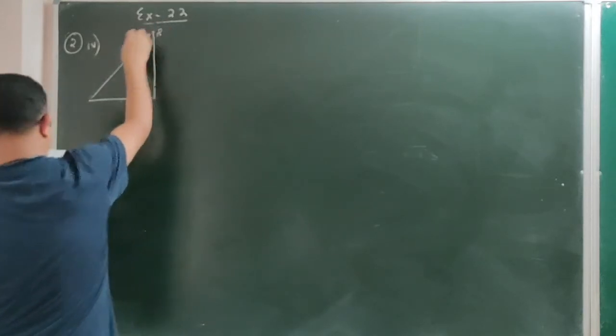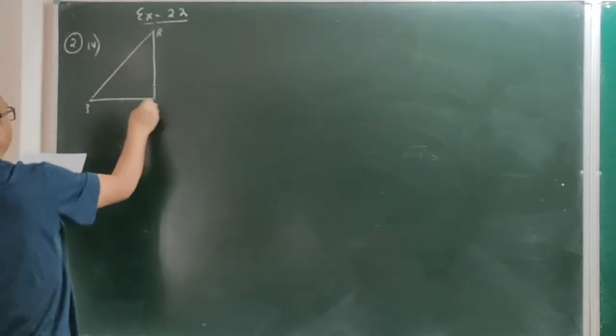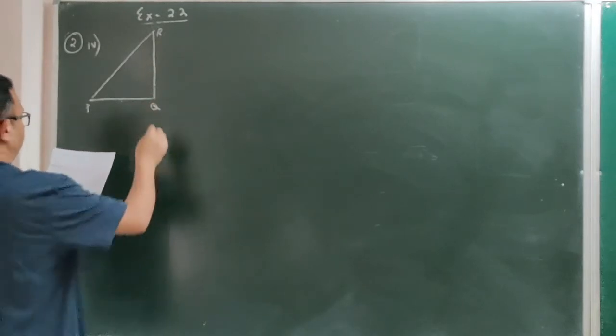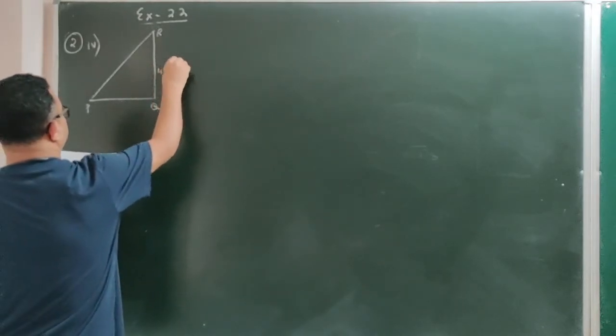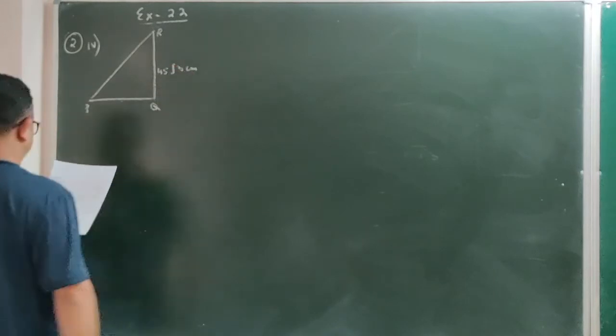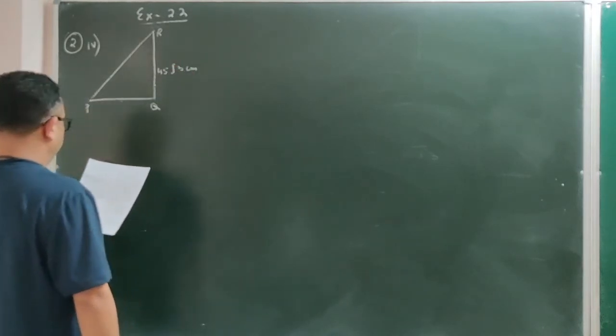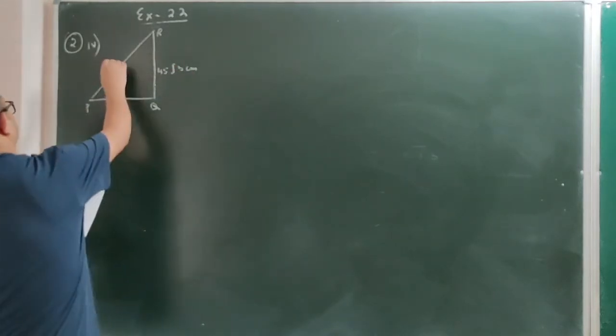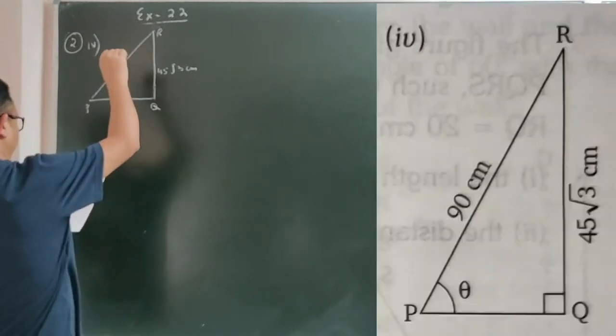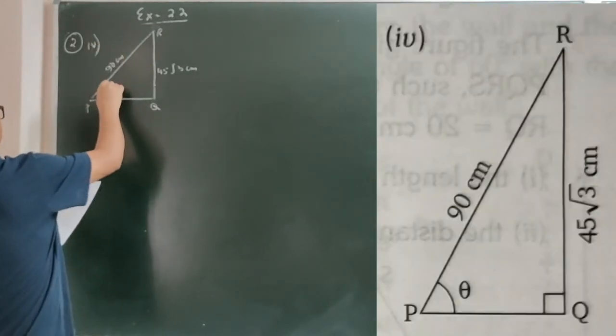R, P, Q. This is 45 root 3 centimeter. And this is 90 centimeter. And the question is telling you to find this theta.